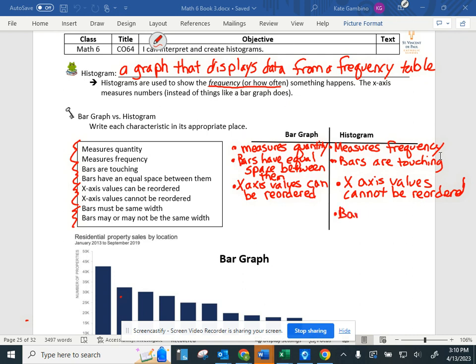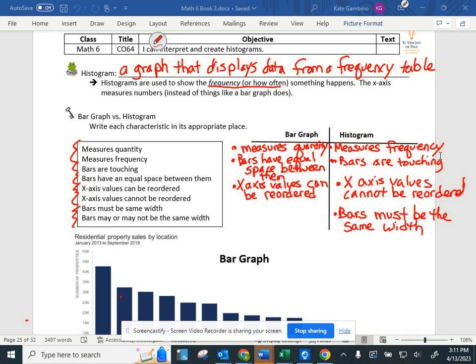So our bars must be the same width. Because they represent the same distance between each bar, so they must be the same width.